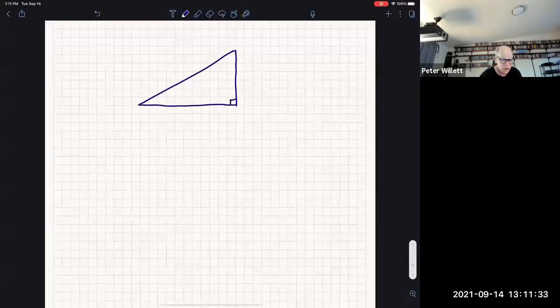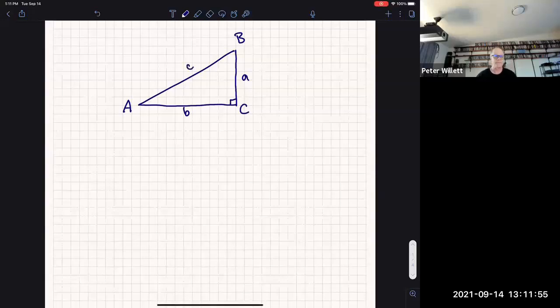This is going to be a right triangle. I'm going to call this A, so that's where angle A is. That means little a would go over there. And I'm going to put B up here, which means the bottom would be little side b length. And in this case, C is a right angle, so the opposite side over here is going to be side c.